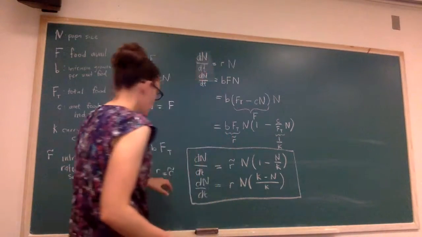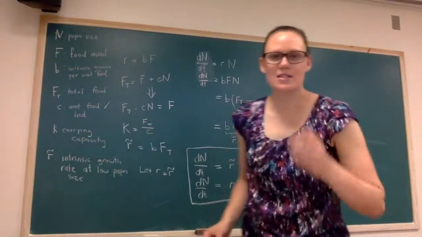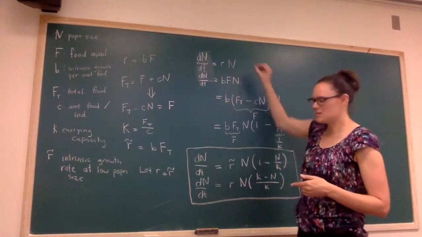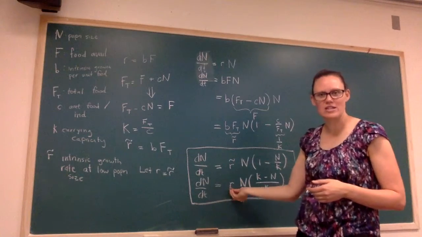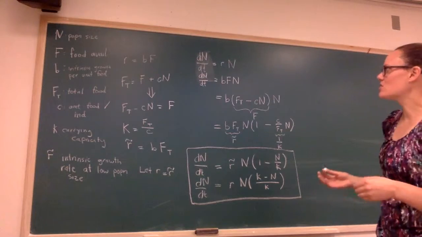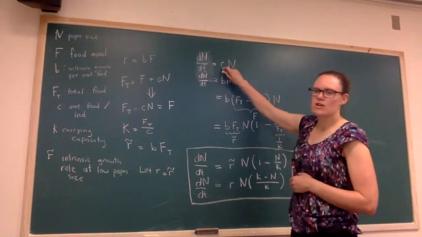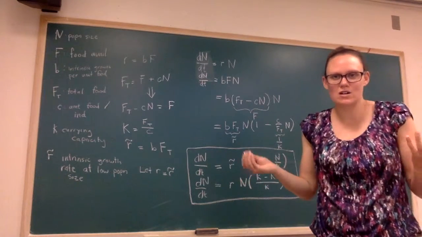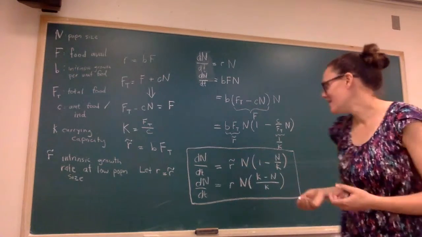Now, one thing that you should notice is that what R is in the exponential equation and what R is in the logistic equation is slightly different. So in the exponential equation, the intrinsic growth rate doesn't change. There's no relationship with density, right?